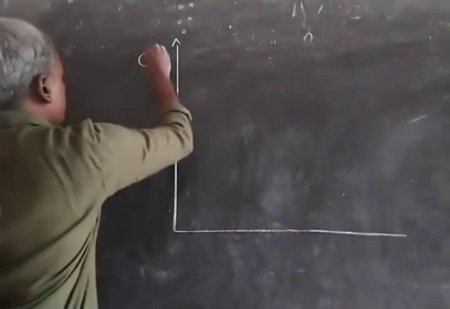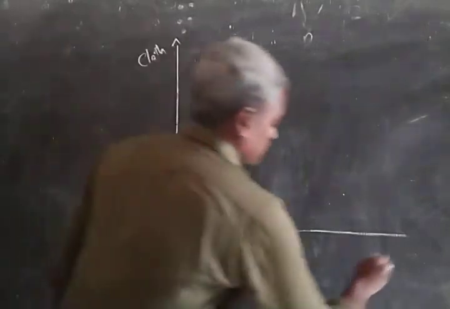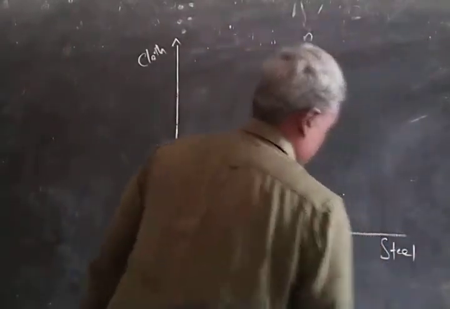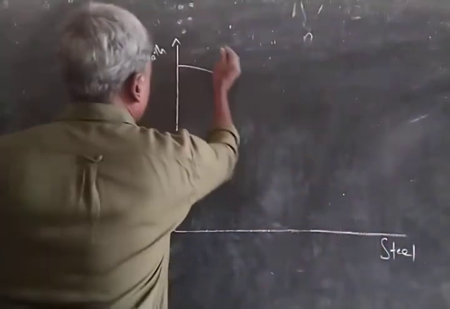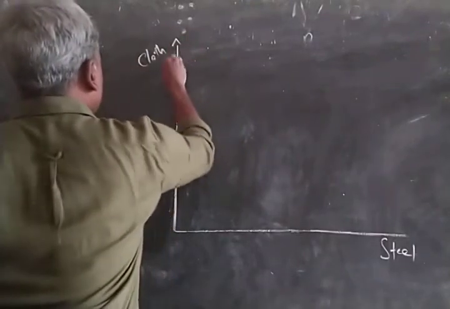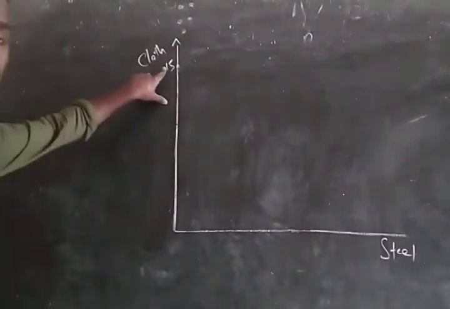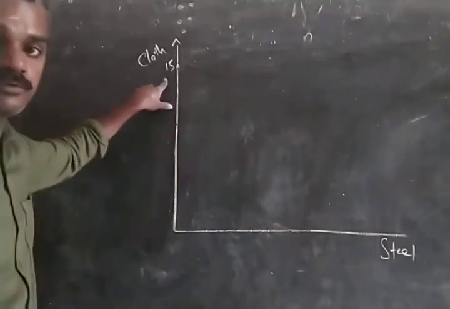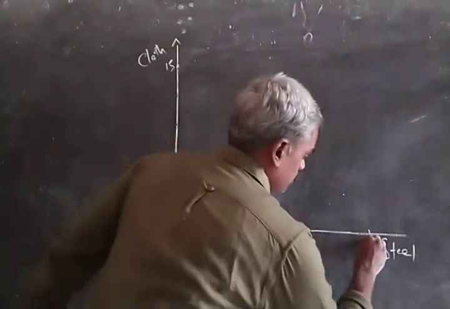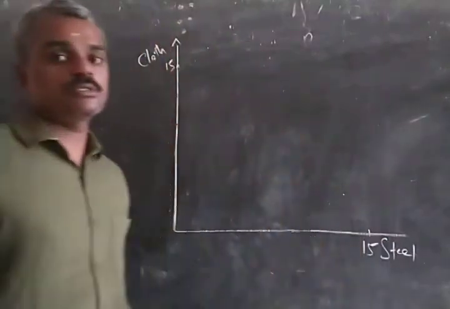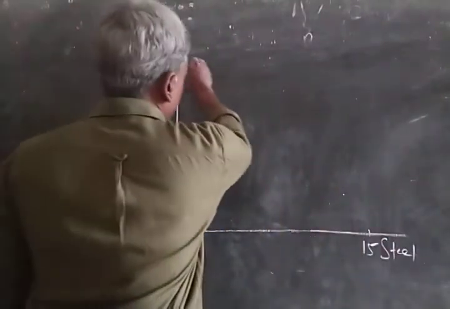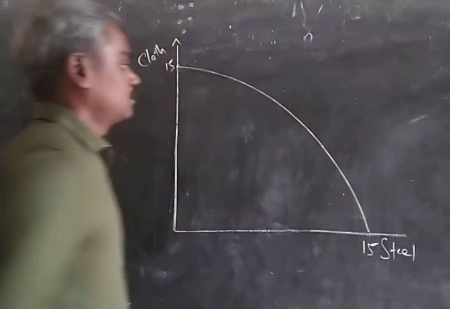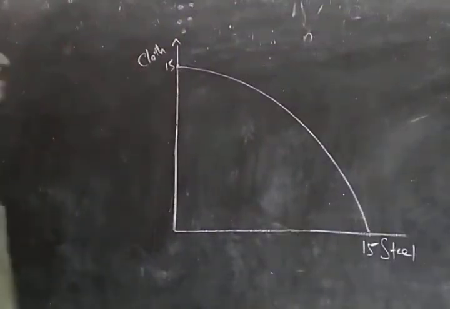On one axis you have cloth, on another axis you have steel. If all the resources are used in the production of cloth, it can produce 15 units. If all is used in the production of steel, it can produce 15 units of steel. And we have a curve connecting these points.